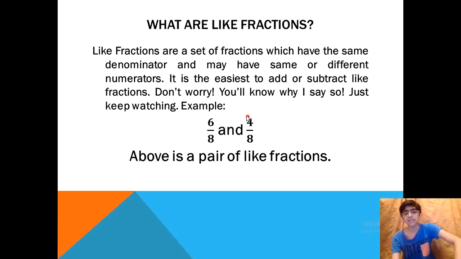So the fractions which have the same denominator are called like fractions. Like fractions are the easiest to add or subtract, and I'm going to tell you in the further video why I say so. Here's an example, 6 over 8 and 4 over 8, which is a pair of like fractions. This helps you understand what a like fraction actually is.